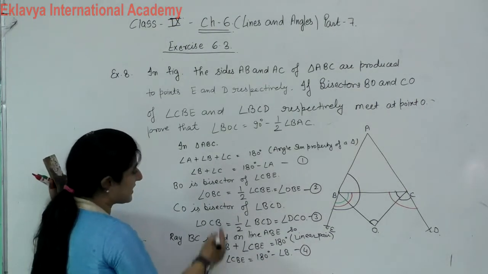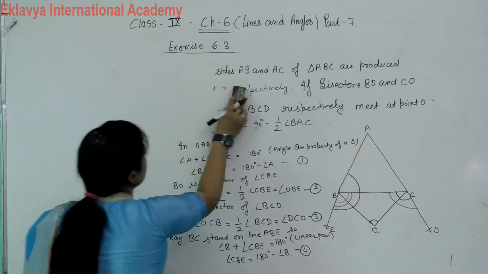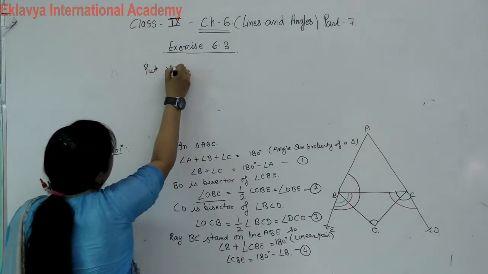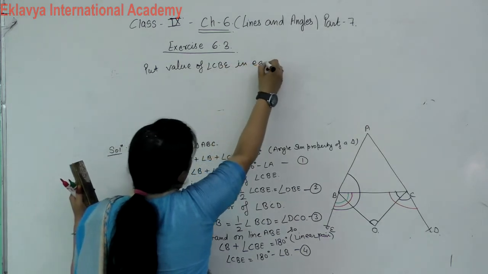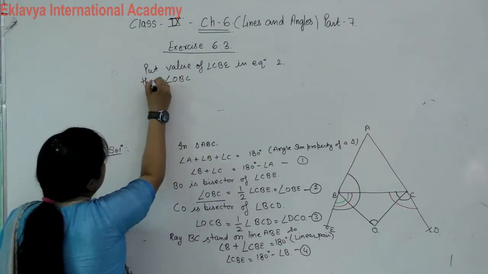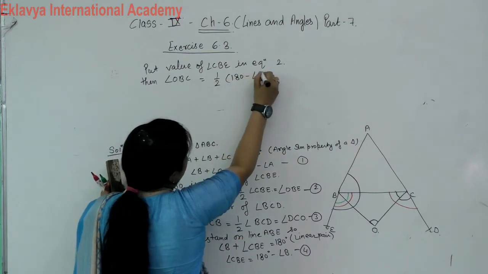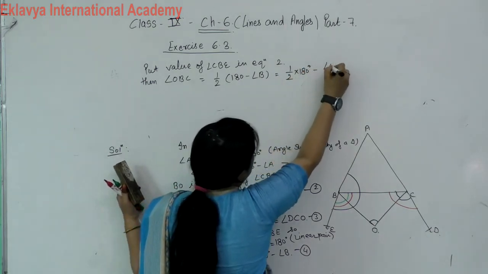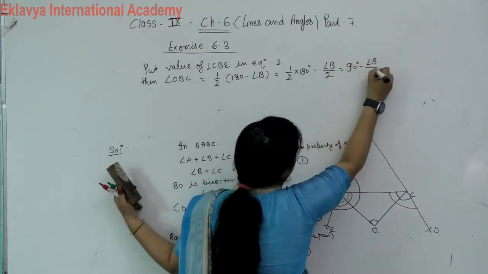Put the value of angle CBE in equation second. Then angle OBC is equal to 1 by 2 into (180 minus B), is equal to 1 by 2 into 180 degrees minus angle B by 2, is equal to 90 degrees minus angle B by 2.